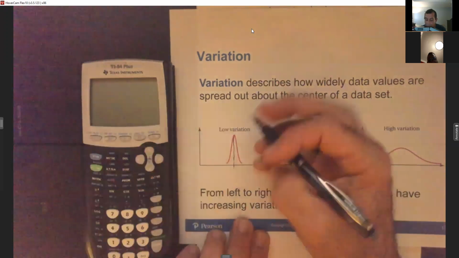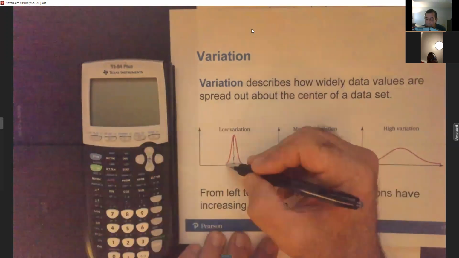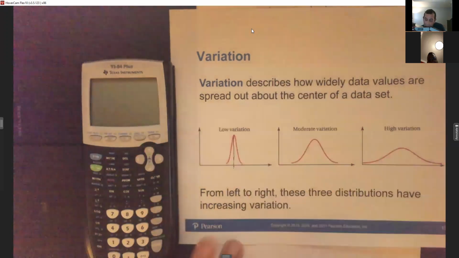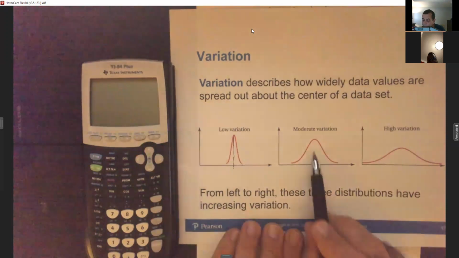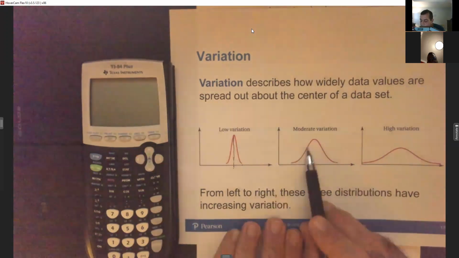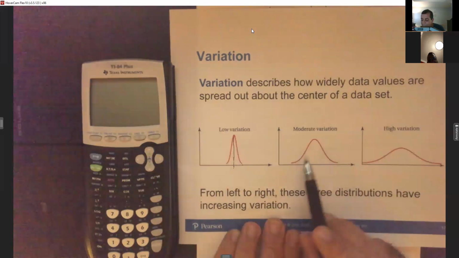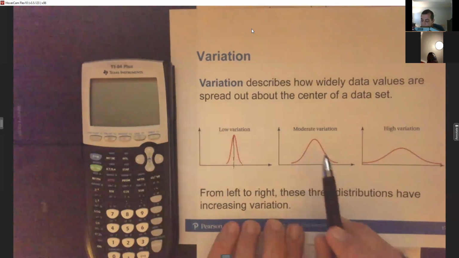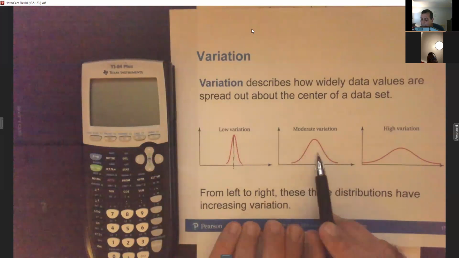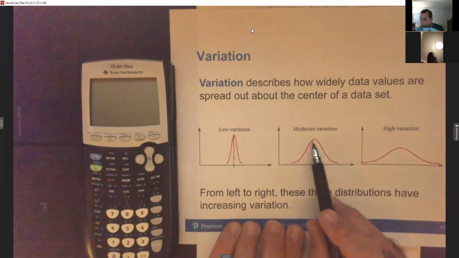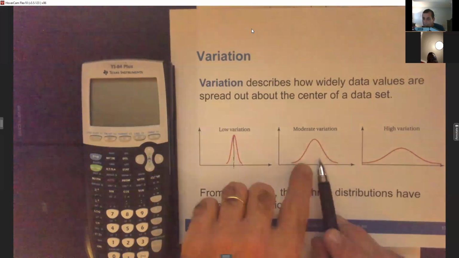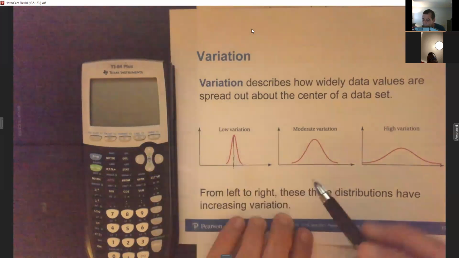Everything's sort of concentrated, so it forms a really steep peak, okay, because all the values are really, really close. Moderate variation, notice the peak is a little wider. That's going to happen when you get data that is spread out further from those averages. You got a little bit more data hitting on these left and right sides, okay? Still symmetrical, right?